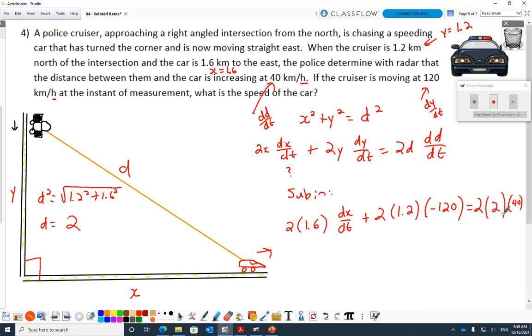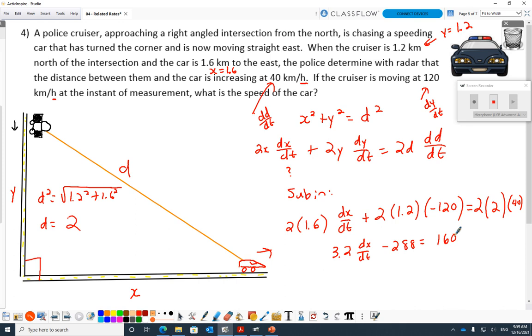I hope you realize we're home here. I'll do the last few steps a little quicker. 3.2 dx/dt, no, it'll be minus 2 times 1.2 times 120, negative 288 equals 160.